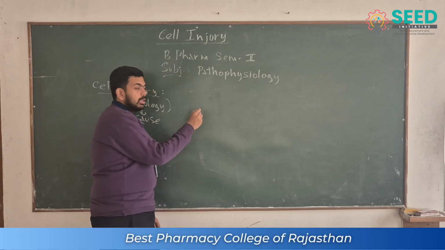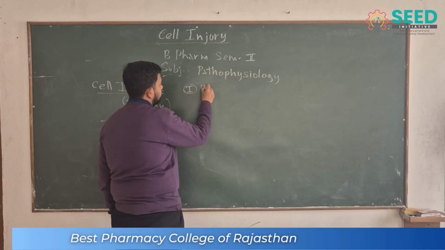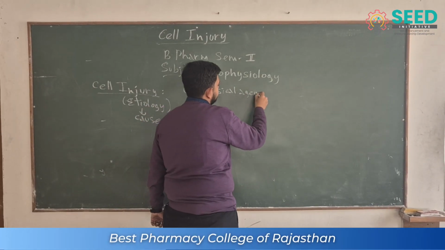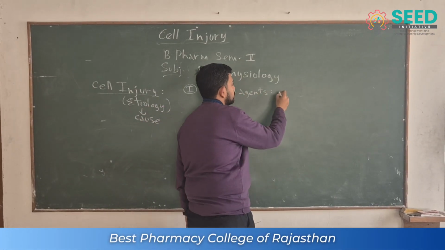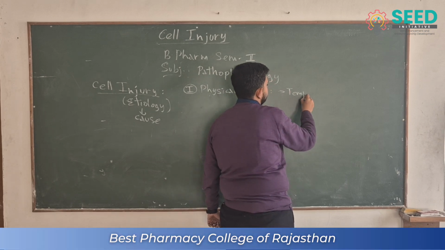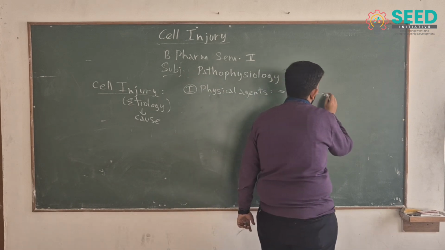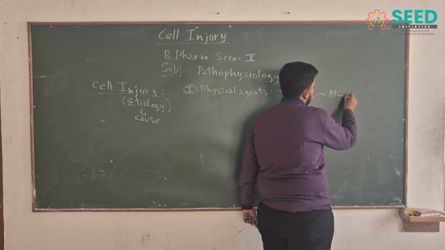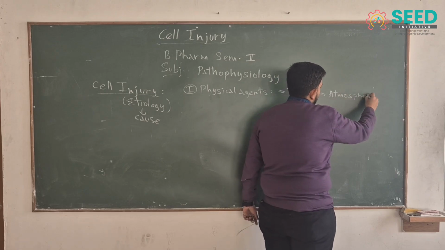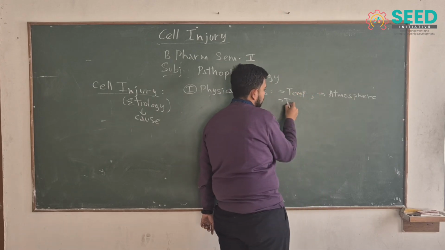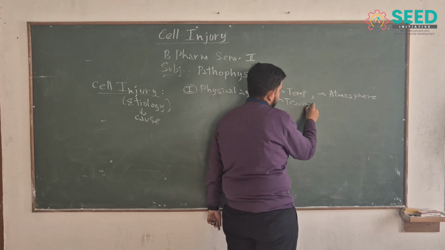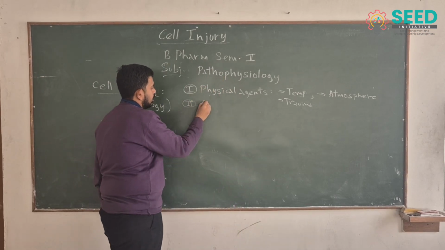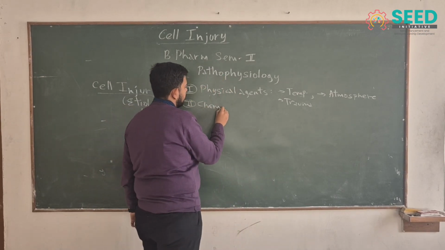The etiology contains number one, physical agents. Physical agents like temperature, atmosphere, any trauma, something like that. Next is chemical agents.